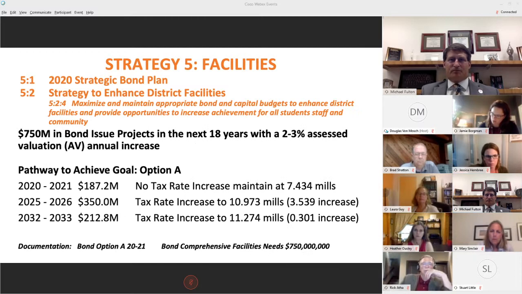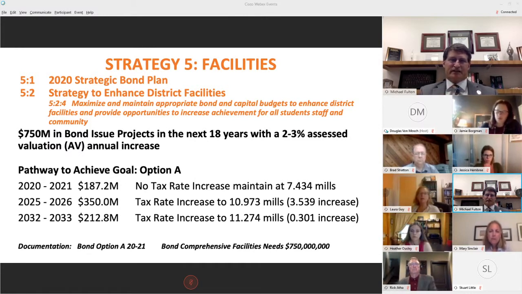Now, supporting our academic goals for learning requires the thoughtful use of every fund that we have available to us. In the case of our bond funds, they are best used to address big ticket items such as HVAC, roofs, windows, parking lots, renovation, rebuilds, things that are known planned expenses.